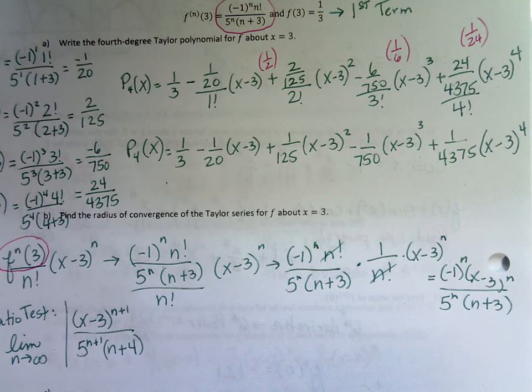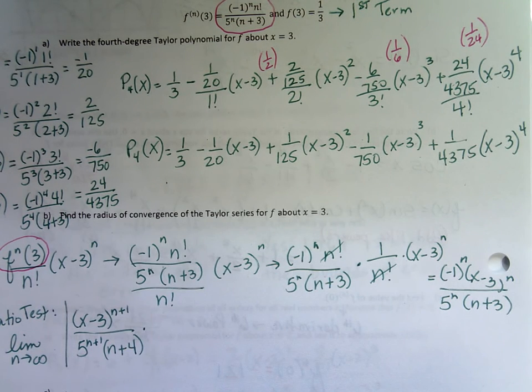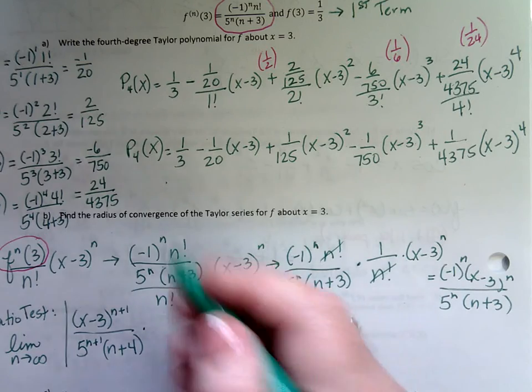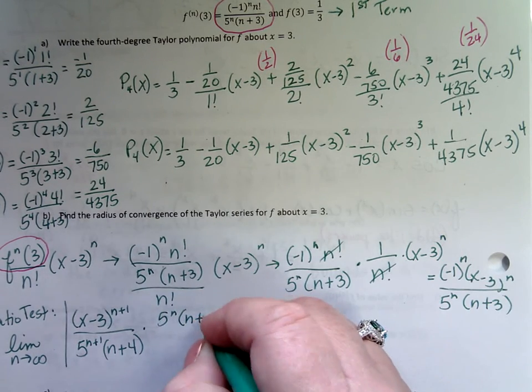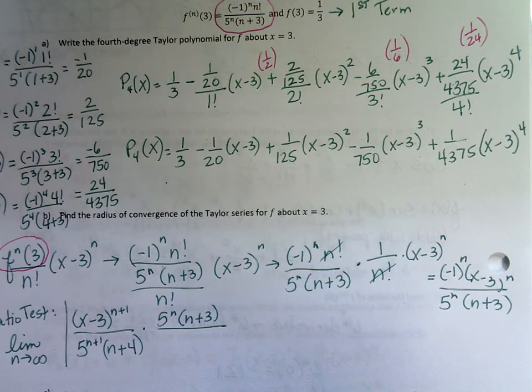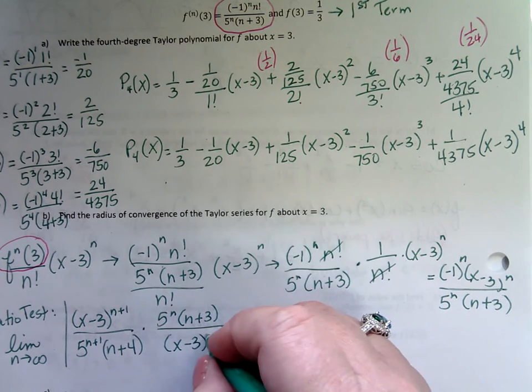But I need to then multiply that by the reciprocal of the original function. Well, now I'm going to flip my original guy, which is this guy over here. So I'm going to have a 5 to the n up top, an n plus 3, and an x minus 3 to the nth power on the bottom. And my job is to try to simplify that out.